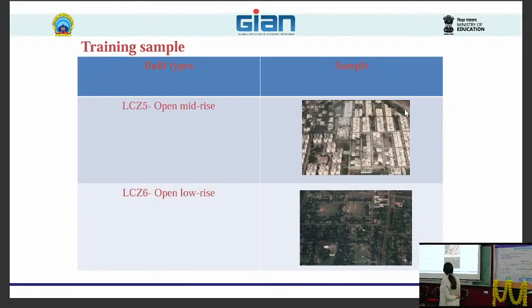Then open mid-rise. So, open mid-rise is mostly the government houses and the bungalows which are now sanctioned with a particular margin of open space to be left, with a specified FSI, and mostly it is G+1 open mid-rise typologies that we see. And open high-rise are generally also there, but in very small numbers.